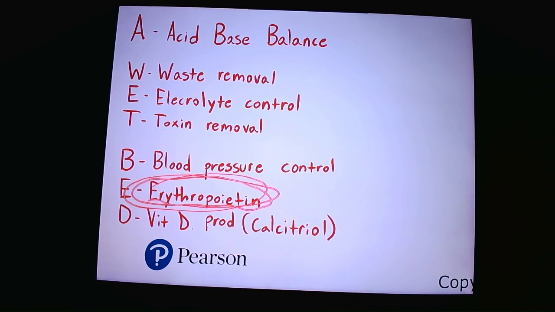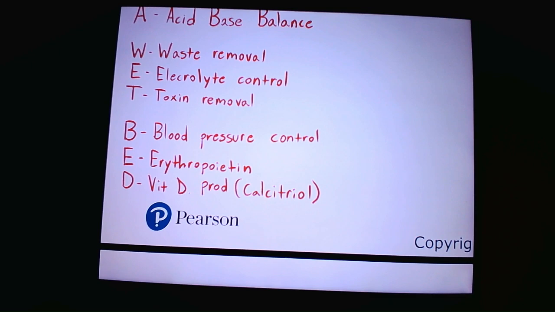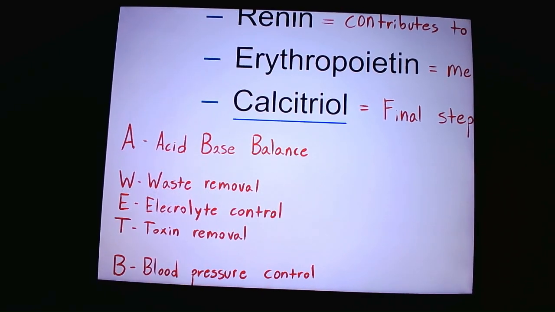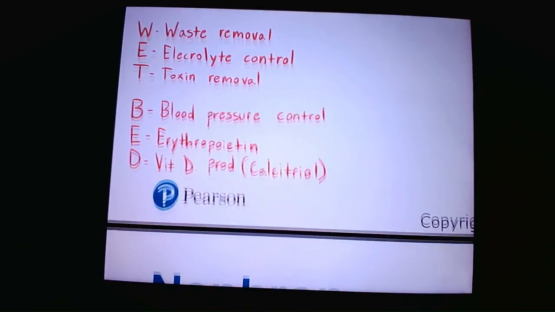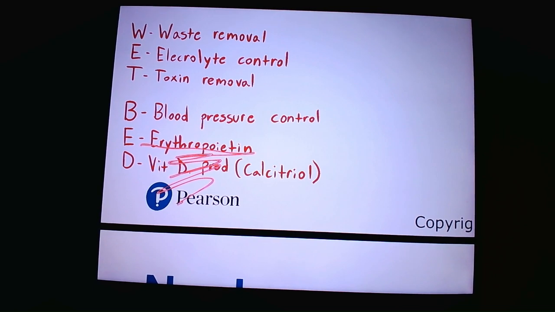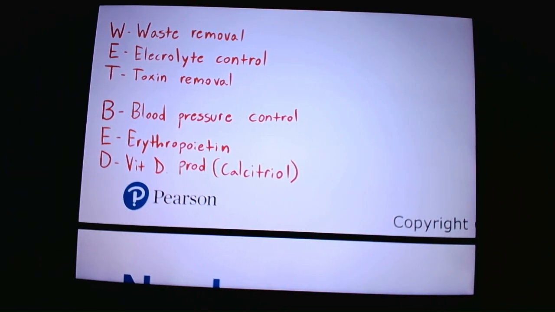Erythropoietin, I want you guys to see that one because that one's new. We've seen these other ones before, but erythropoietin is a little more unique. Remember what we made, our little signal thing where it has a relay? This is what erythropoietin is. That is our signal to create red blood cells, right?